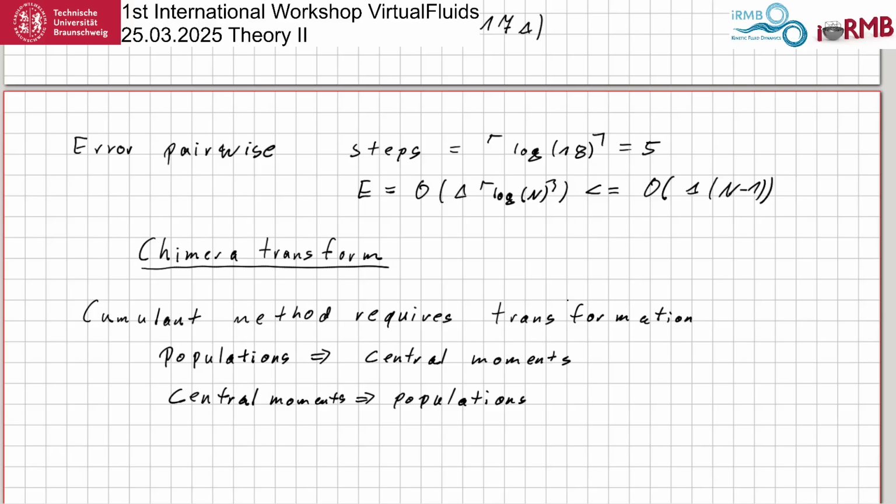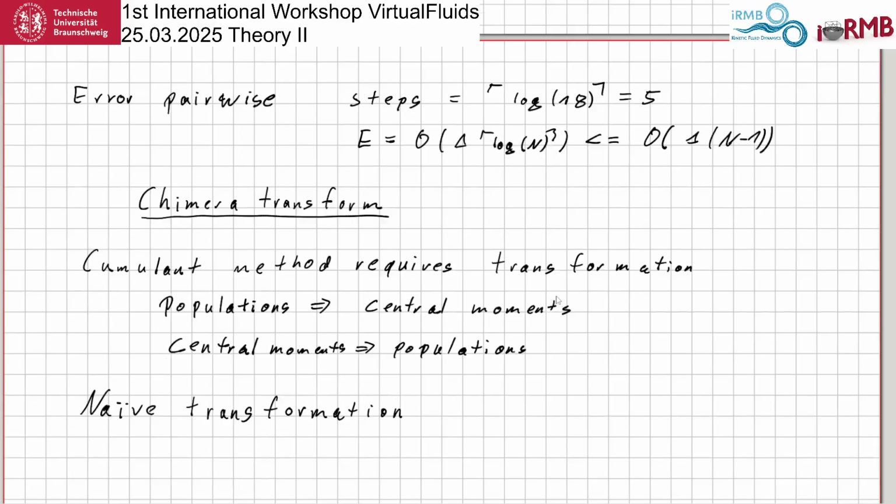Of course, you can do this in a naive way. I mean, in the beginning we did this in an even more naive way. So how would you do this in a naive way?